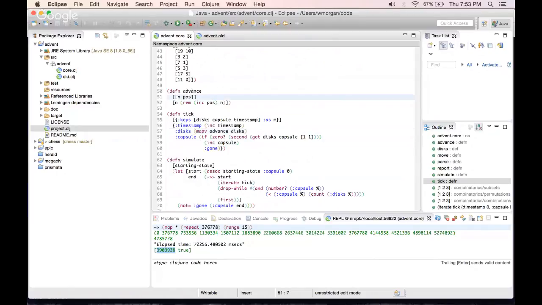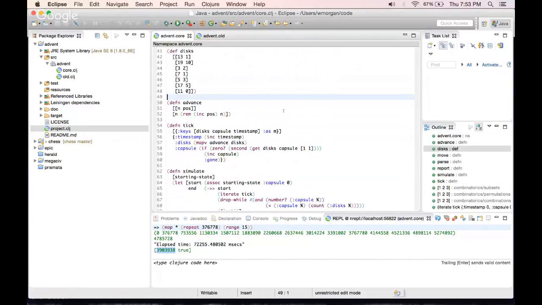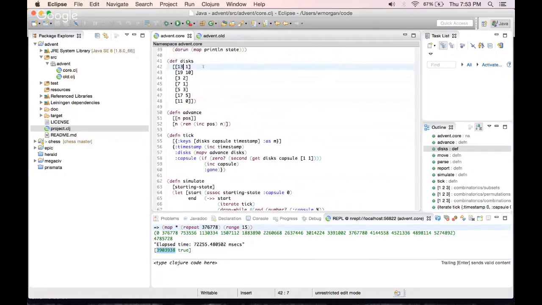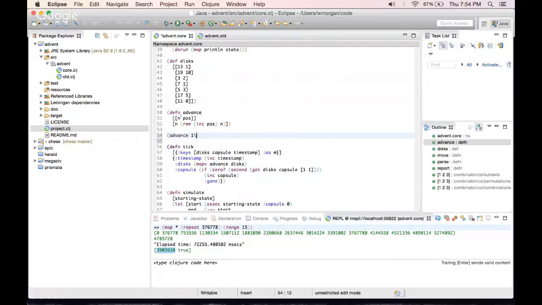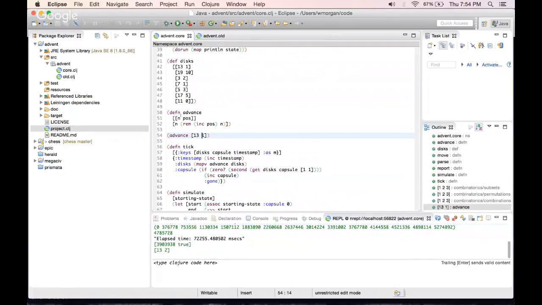I wrote a little advance function, where the state of a disk is represented as the number of slots and then its starting position. To advance a disk, we leave the number of slots the same and do a little modular arithmetic to get the wraparound behavior. So if we were advancing 13.1, it becomes 13.2, and if we were at position 12, it wraps around to 13.0.